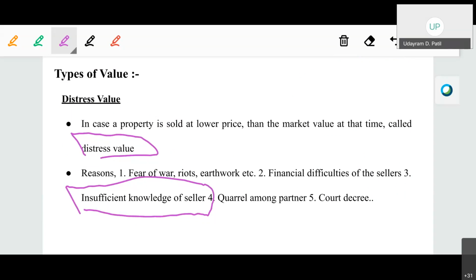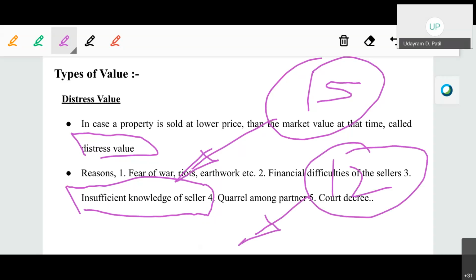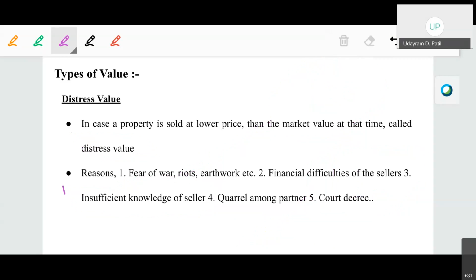Whatever the trader or buyer is, he will falsify my market value and say that the market value is just 12 lakhs or 10 lakhs. So in that case, even though the market value of our building is 15 lakh, as I do not have any knowledge of the property or the trading area, I will sell that property for only 12 lakhs. जो काही बायर असेल त्यांनी म्हटल्याप्रमाणे व्यक्ती 12 लाखामध्ये विकेल.